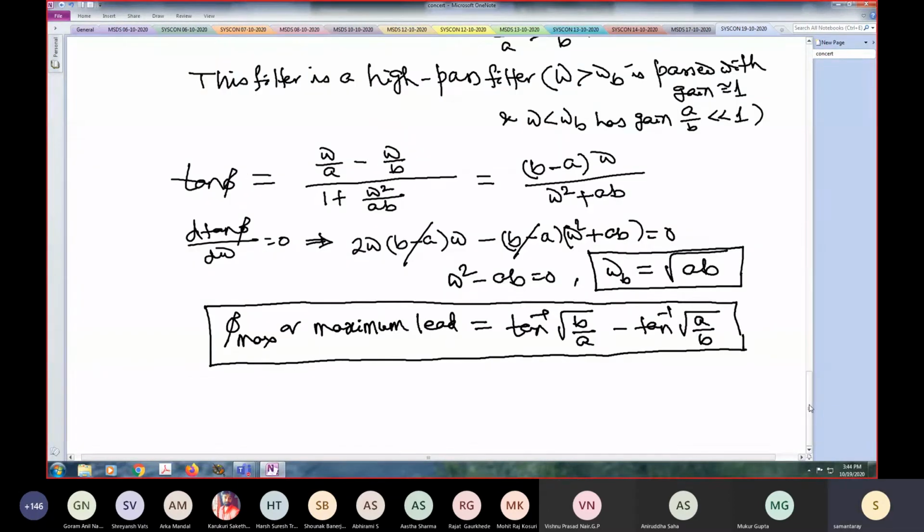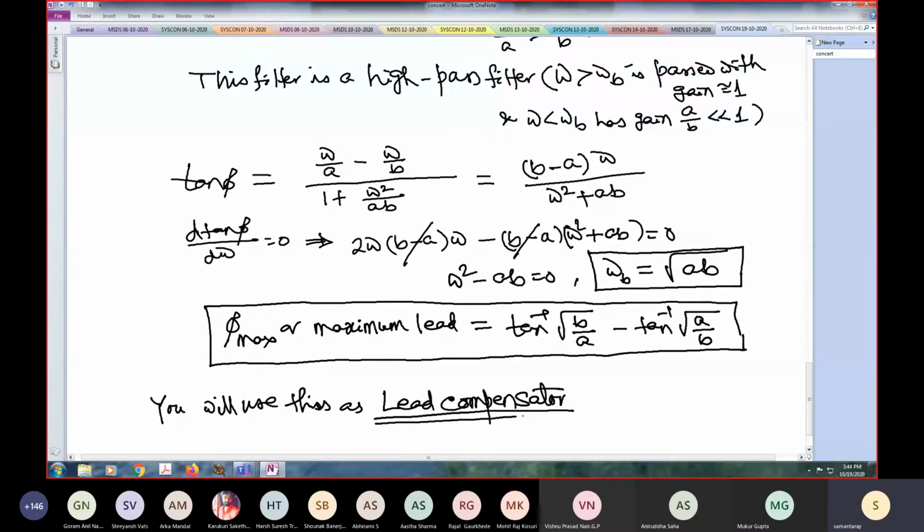So this filter you will use as a lead compensator. This compensator will be called lead compensator because it is giving a phase lead.